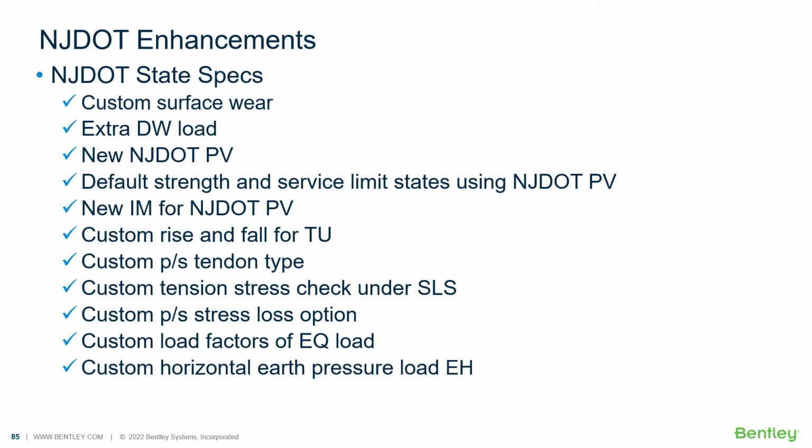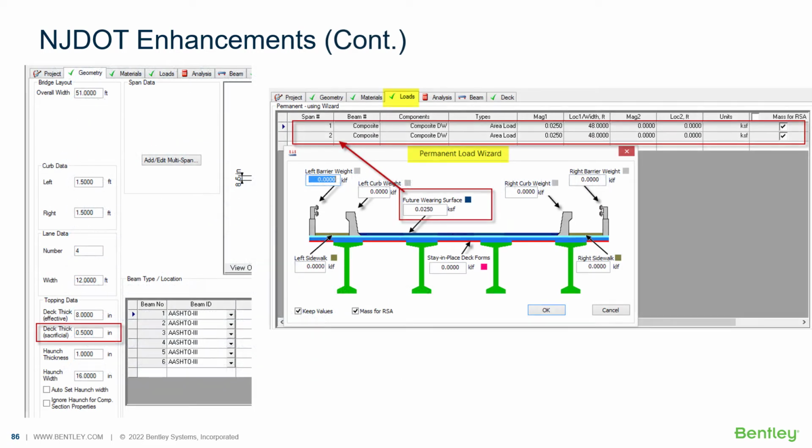For example, the custom rise and fall of the unit for temperature, tension stress checks, etc. So we invite other DOTs to contact us so we can incorporate their own state specifications into LibBridge.